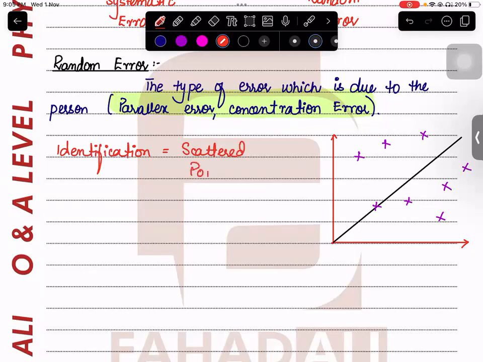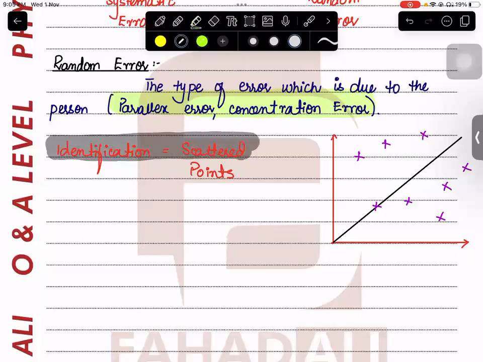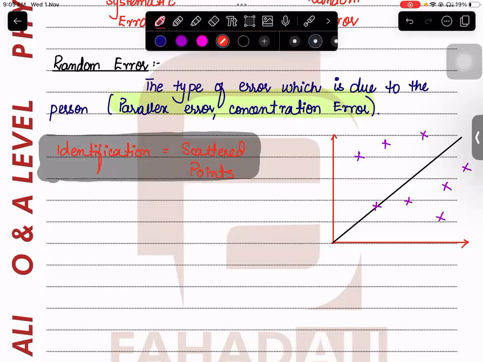Clear? Yes, sir. Musaf, yes sir, clear. Aiza, and the remedy is best fit line. You must have studied this in your O levels, or averaging. Clear?